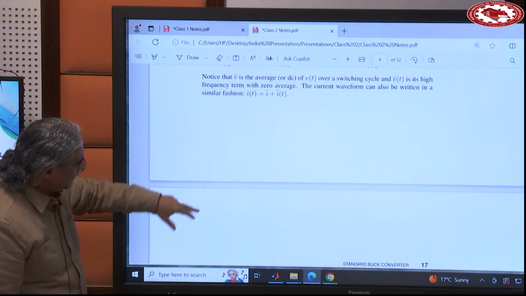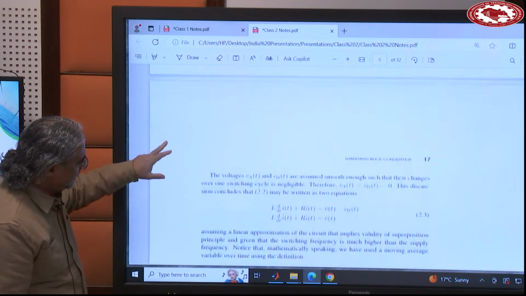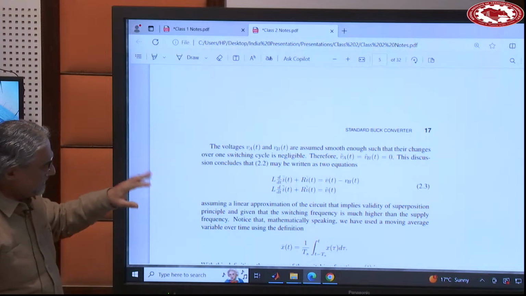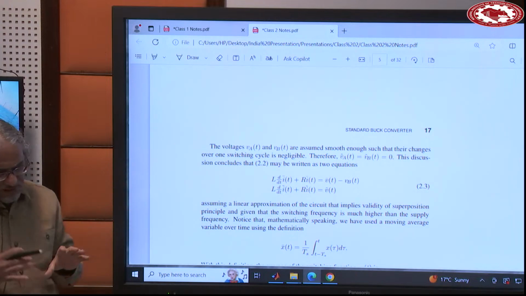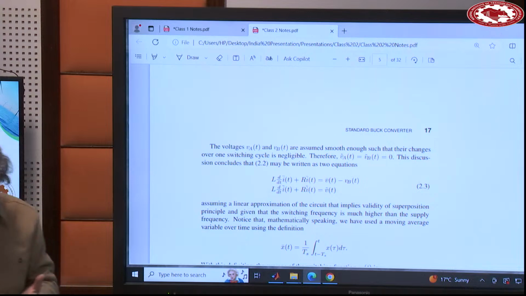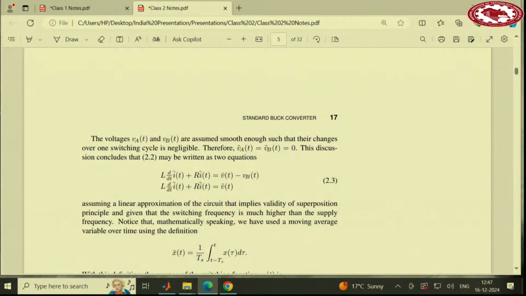Now, if you have that, you can break down the equation. And remember, VA and VB are the voltages that represent physical systems. These are DC again, coming from a battery or power grid or solar panel or whatever. These are not high frequency.